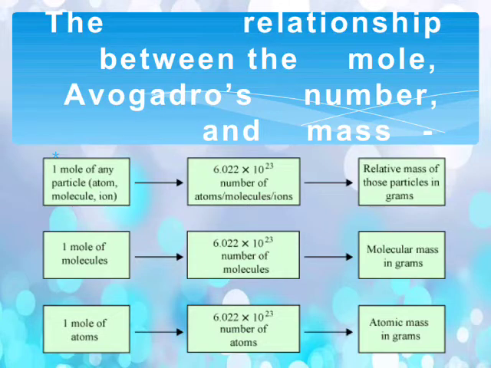Now the relationship between the mole, Avogadro number and the mass. For example, 1 mole of a particle, which may be an atom, molecule or ion, is equal in number to 6.022 into 10 raised to power 23 atoms, molecules or ions, and that is equal to the relative mass of those particles in grams.